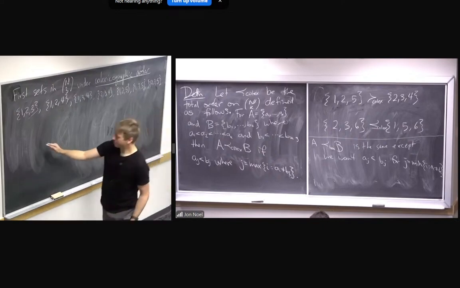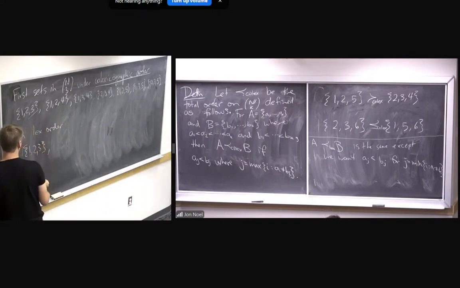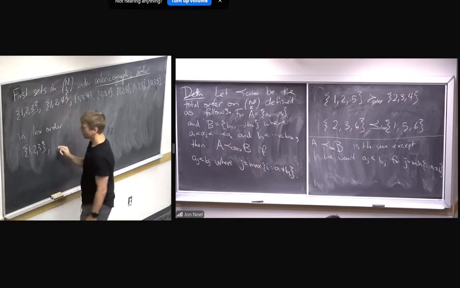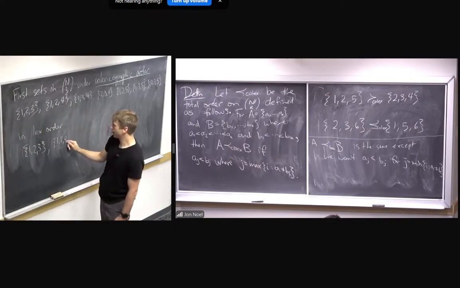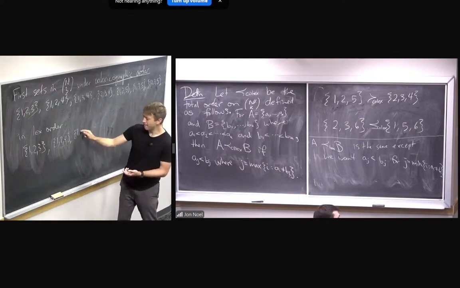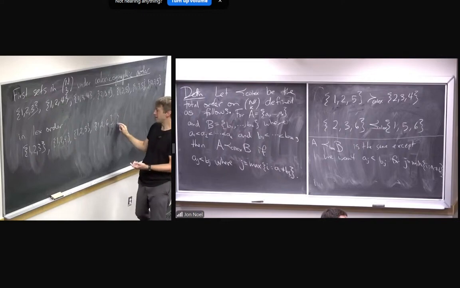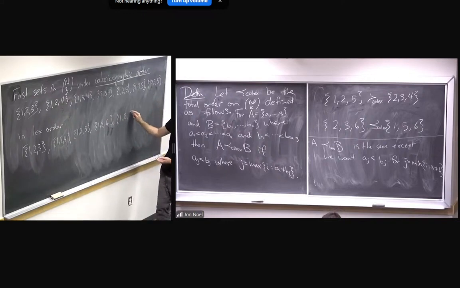So lex order would be totally different, right? Well, it starts the same. But if I take the first sets in lex order, I'm actually forever going to keep the numbers 1 and 2, because if you imagine you've got an infinite alphabet and you list all the words, you would never get past that point.